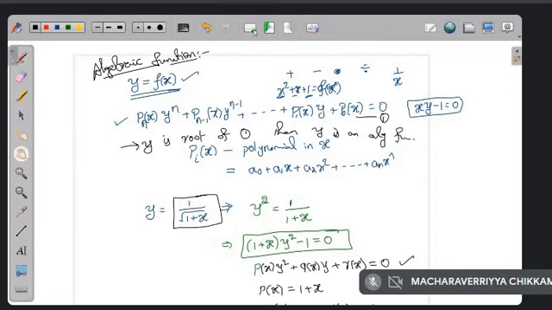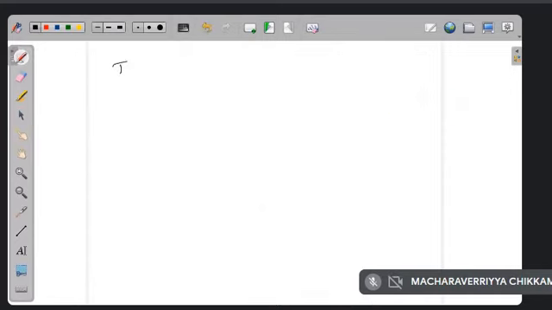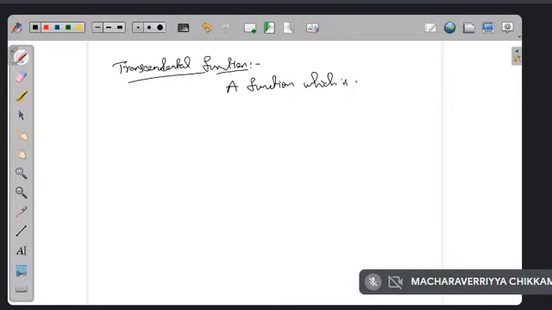The definition is simple. Let me write some examples of such functions. We know e is a transcendental number, so from there you can say e power x, also sin x, cos x, and logarithmic functions like log x.